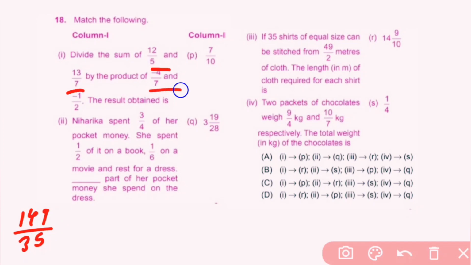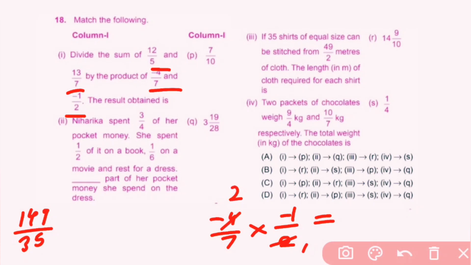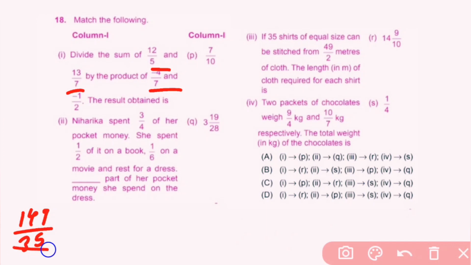Now we will find the product of minus 4 by 7 and minus 1 by 2. Here 2 ones are 2, 2 twos are 4 and minus will become plus. 2 into 1 is 2 by 7. Their product is 2 by 7. Here we need to divide the sum by their product.